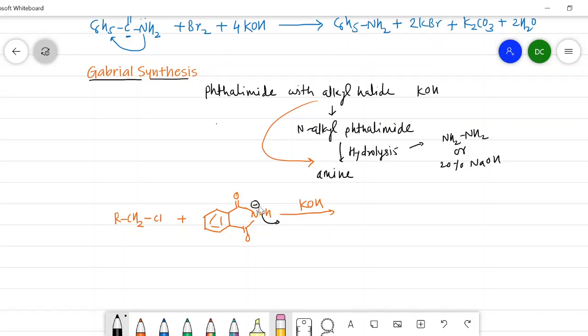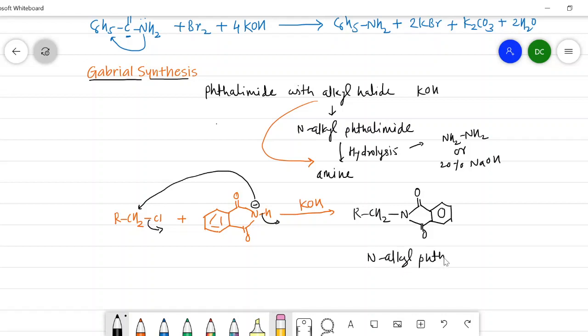It means that there is a formation of salt and there is a removal of H2O, and then this negatively charged nitrogen attacks this carbon and Cl is removed from the carbon. So there is a replacement of halogen by this phthalimide ring, and we get RCH2 attached to the nitrogen of the phthalimide ring, CO, and the remaining structure like this. So it is N-alkyl phthalimide.